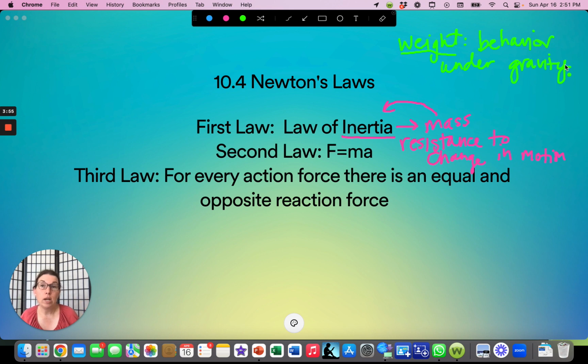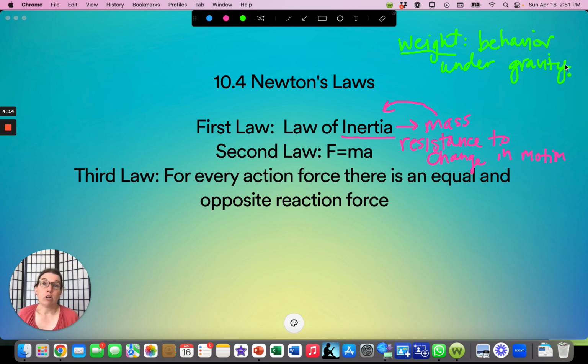So say a person weighs 150 pounds on Earth, that person is going to weigh 1/6 of 150 on the moon, because the moon's gravity is so much less, because the moon itself is a smaller body. It's not a planet, it's a moon, but you get what I'm saying.